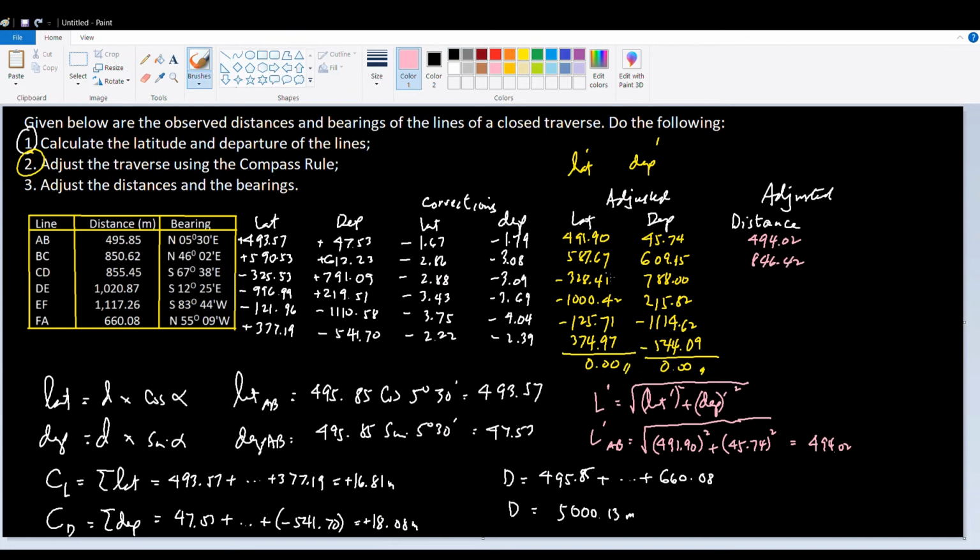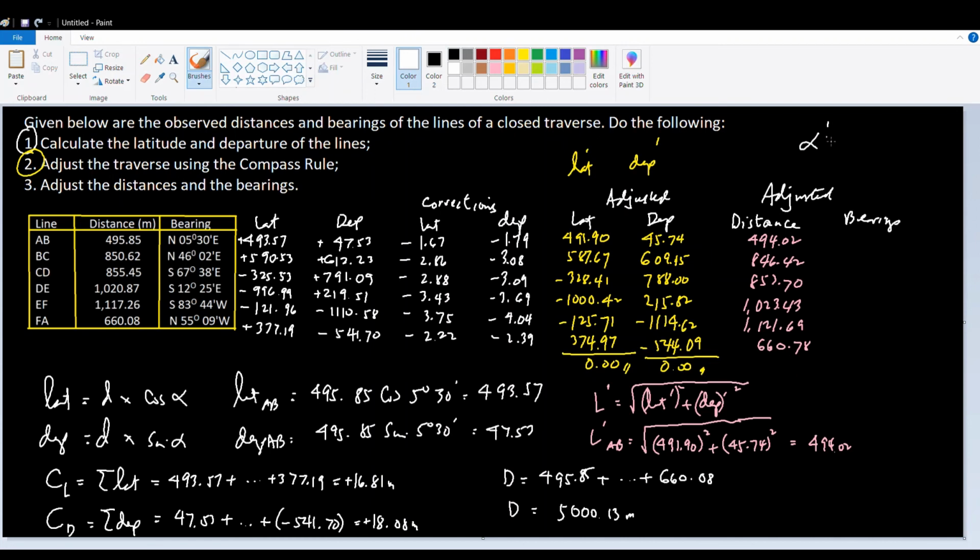Then line CD is the square root of negative 328.41 squared plus 788 squared, which should give us 853.73. Then we do that for the three remaining lines, and we should be getting the values of 1,023.43, 1,121.69, and 660.78.